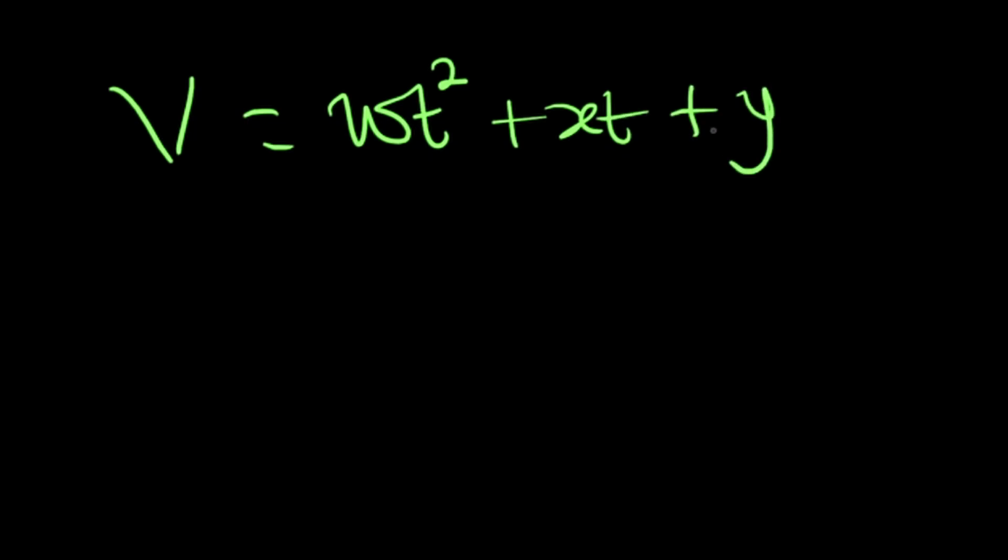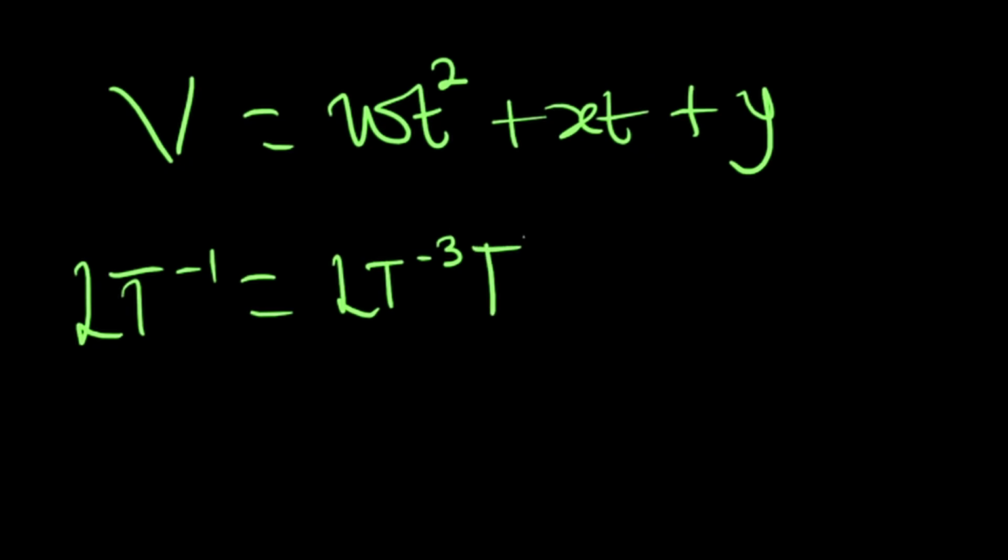Here we have the equation v is equal to wt squared plus xt plus y. Let's try and see what we shall obtain. On the left hand side, we have LT^-1, which is the dimension for velocity. This is equal to, for the w, we determined it to be what? LT^-3. And then we have a t squared.